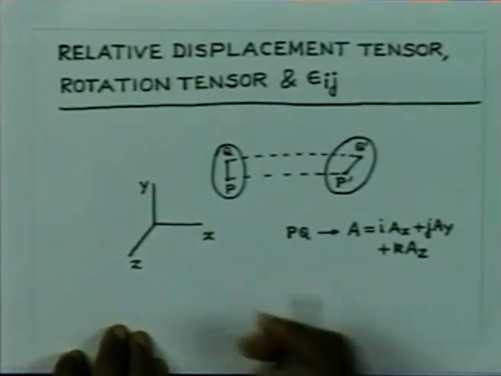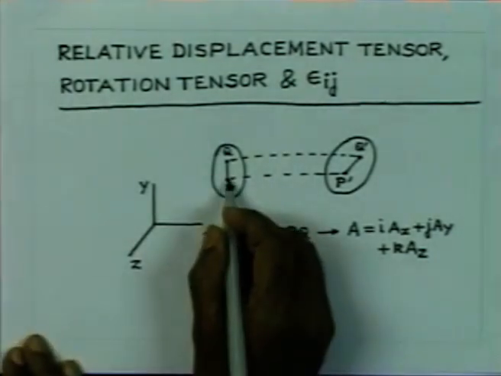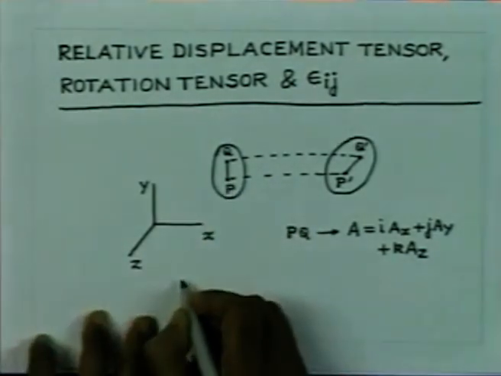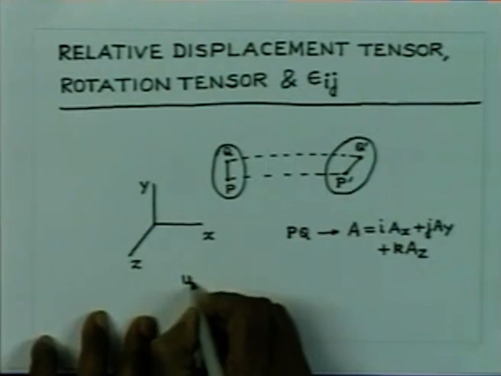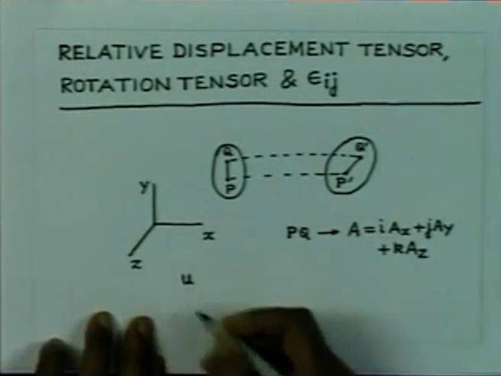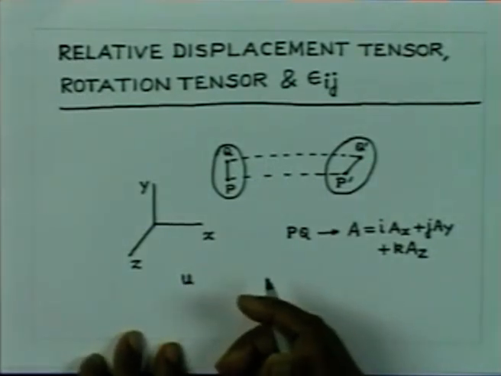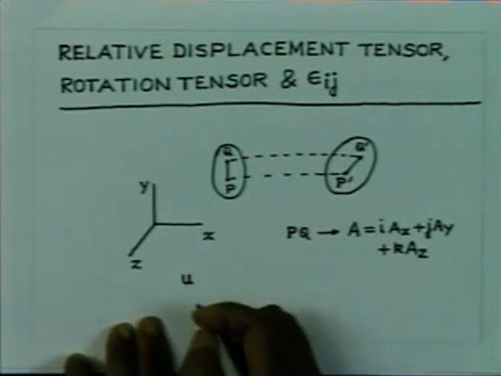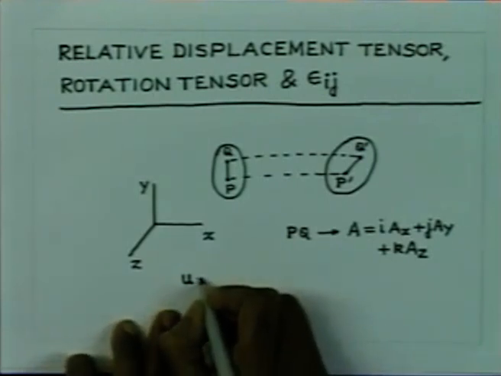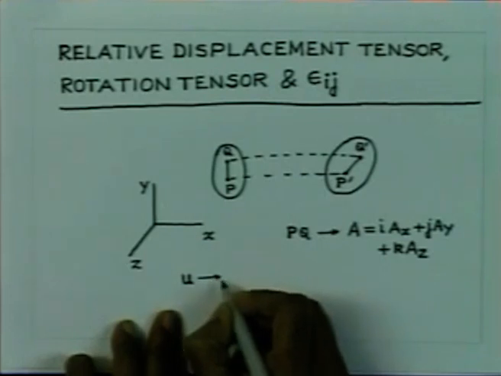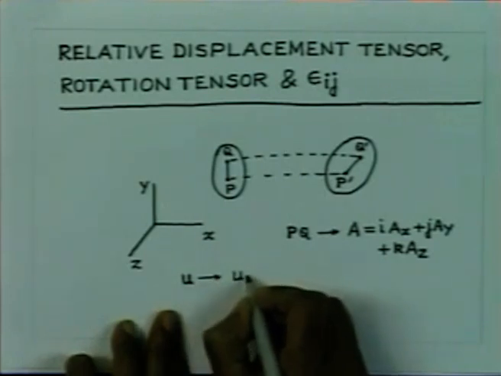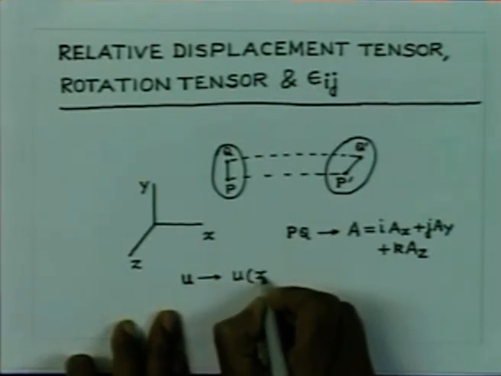Now, the displacement of any point on this body will make use of the functions as usual, u for the x direction, v for the y direction and w for the z direction. This u, obviously, is going to be a function of the coordinates of the point.